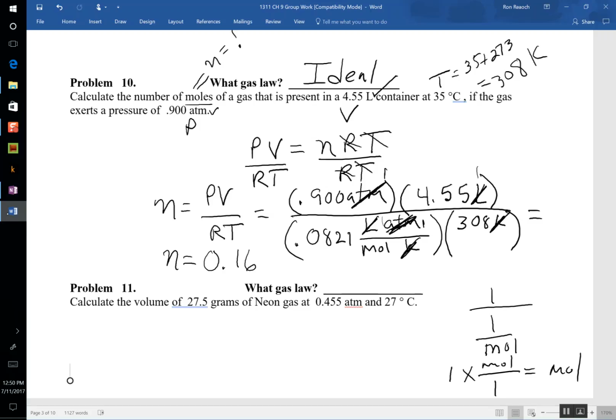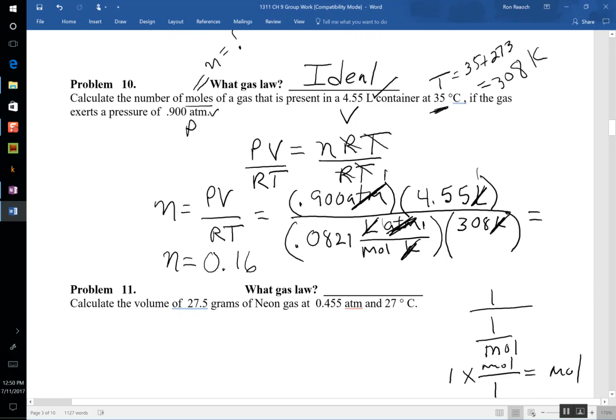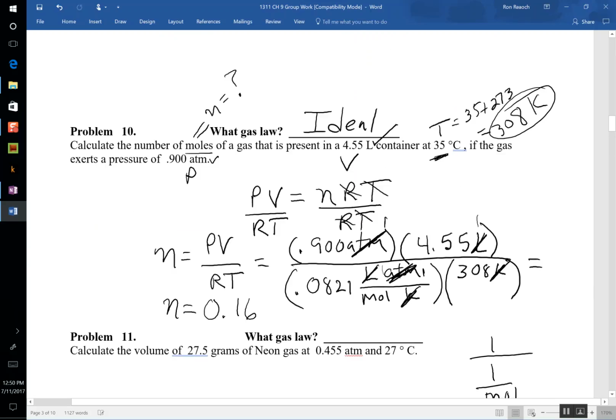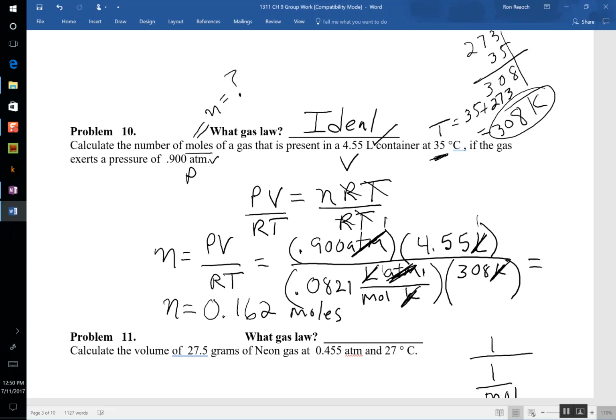Yeah, all right. So you're going off of 2 significant figures there. But if we take that and add 273 to it, so 273 plus 35, it allows us to have 3 significant figures. 0.162 moles. That's how many moles of gas are in that cylinder. Notice that it doesn't say what gas. That's kind of curious. We'll come back to that.